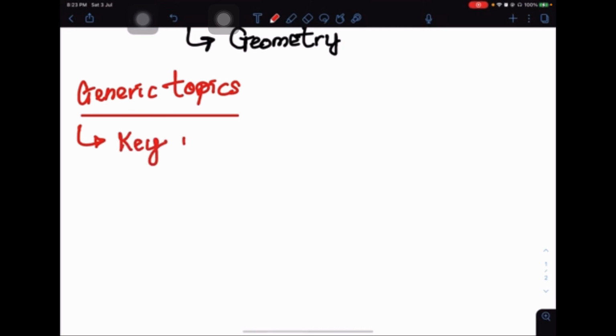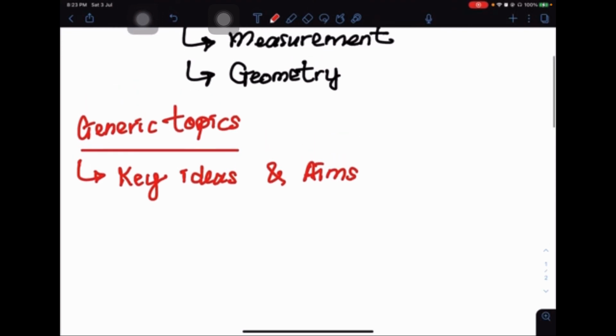Key ideas and aims of teaching both measurement and geometry.